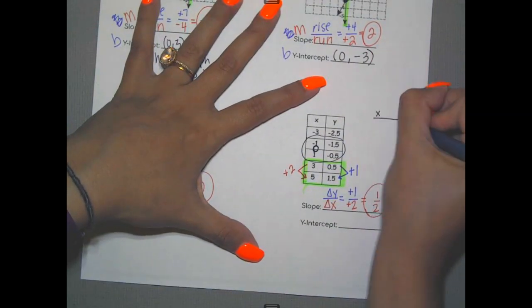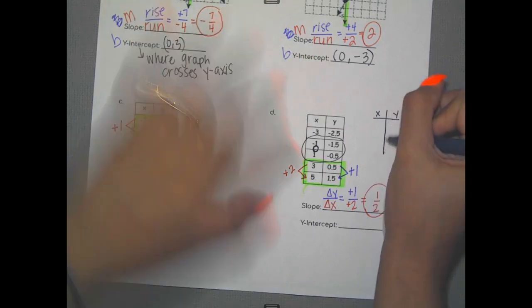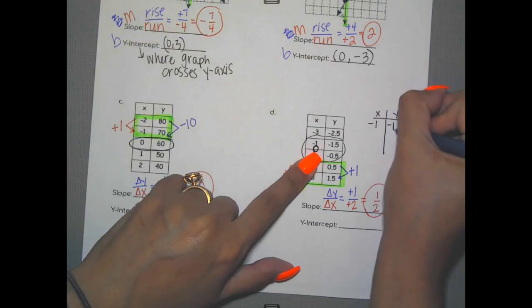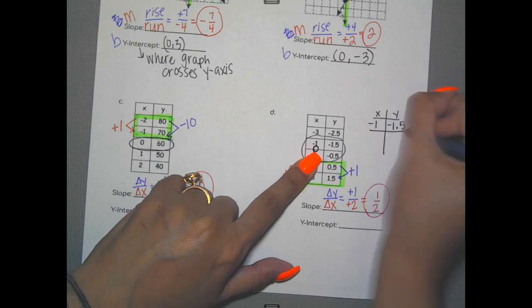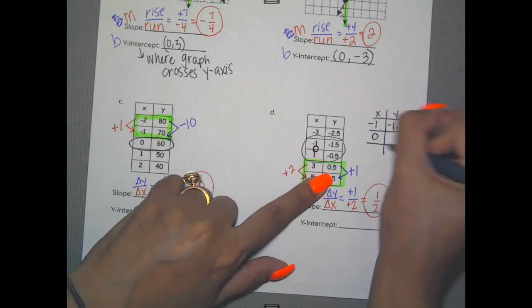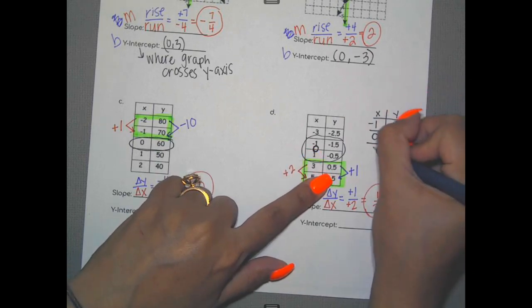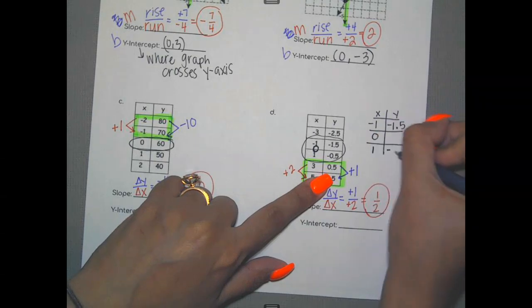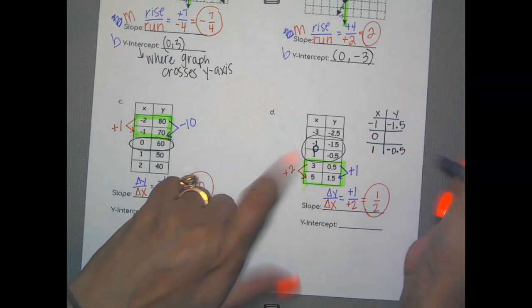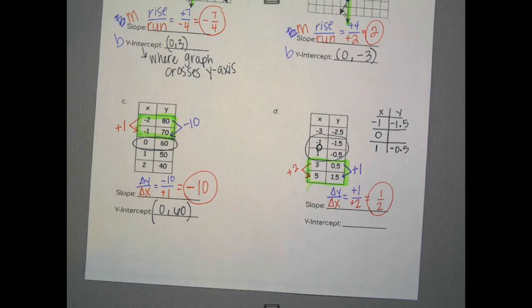So x, y, -1 was at -1.5. Then we're going to put 0 there, and I don't know what my y is, but I know that 1 is at -0.5. Okay.